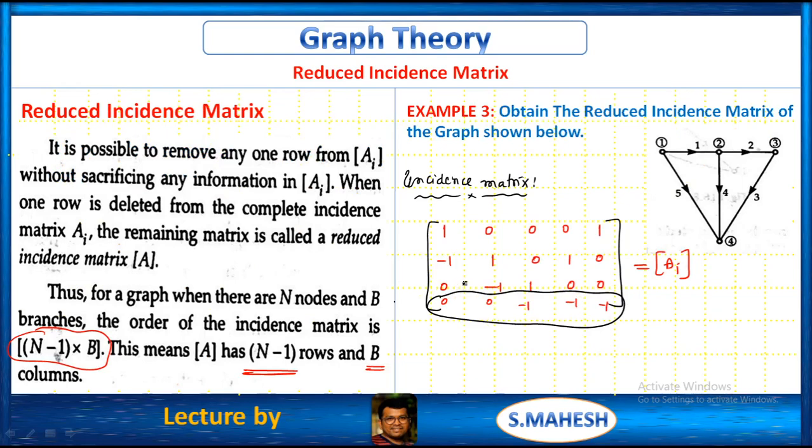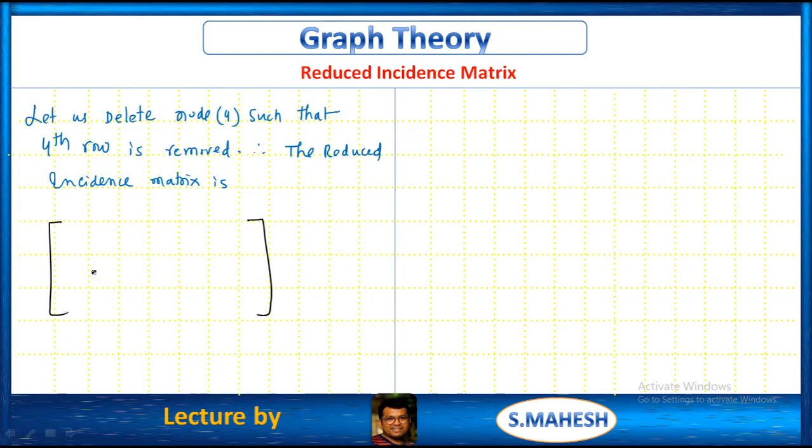What is the answer now? 1, 0, 0, 0, 1, minus 1, 1, 0, 1, 0, 0, minus 1, 1, 0, 0. This is the reduced incidence matrix.